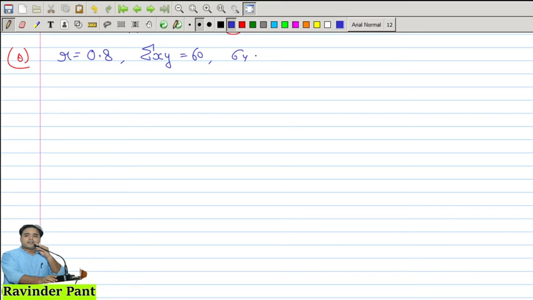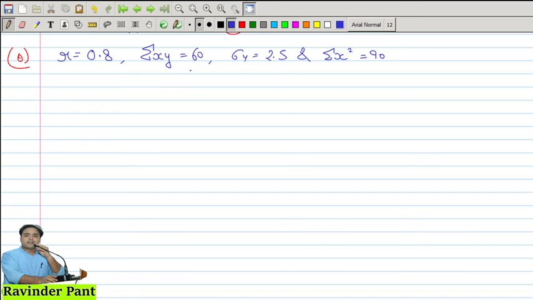Standard deviation of y is given as 2.5, and summation of small x square is given as 90. I hope you remember this small xy, small x. We use this to denote the deviations.